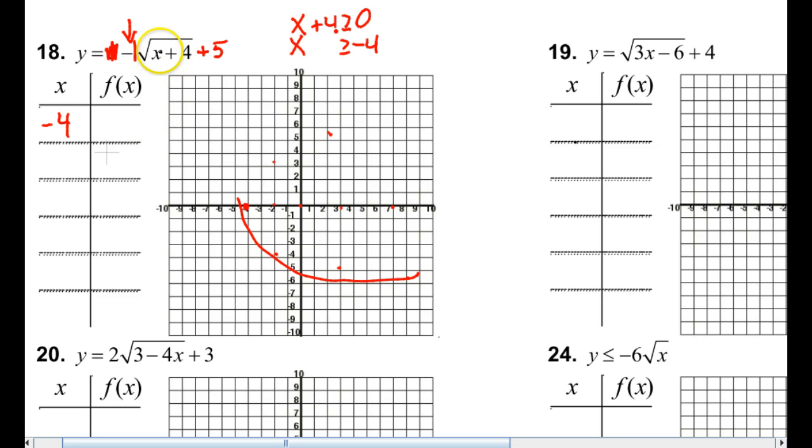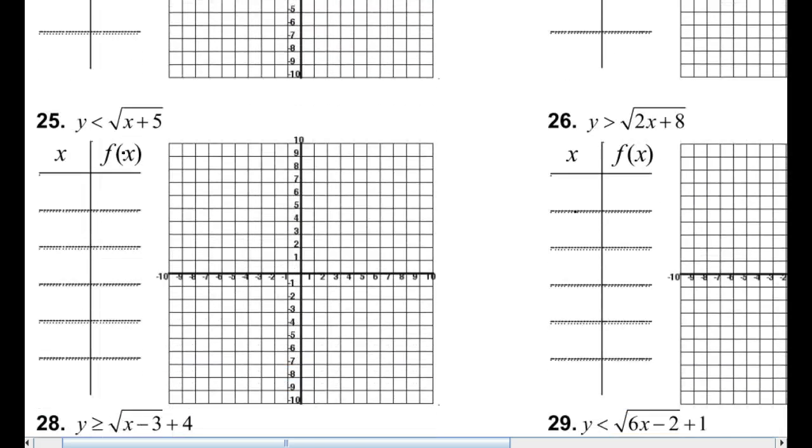If you plug in 5 at some point, that would be good, because 5 plus 4 is 9, and you can take the square root of 9. -3 plus 5 is 2. So you can go ahead and graph it: 5, 2. So keep in mind there are some numbers that will work nicely. Most of them will be decimals. Round to the nearest tenth as needed.